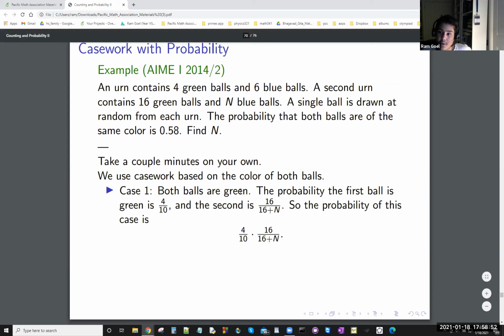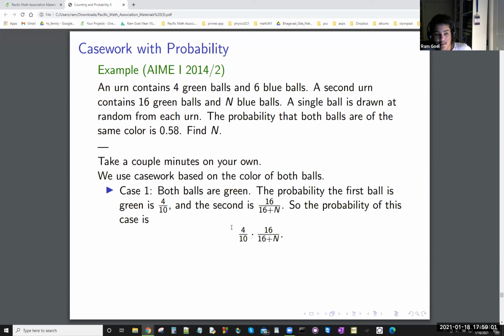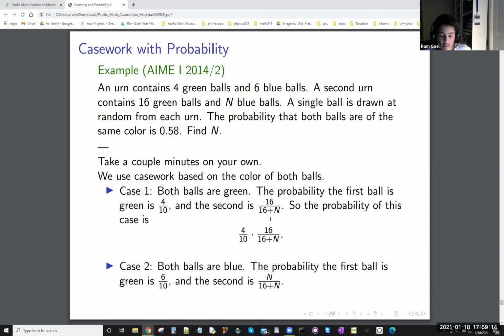That's the case we're in, which is that both balls are green. So we have to multiply the two probabilities to be sure that the entire pair that we drew are both green, because the probability the first one is green is 4 over 10, second is 16 over 16 plus n. You multiply those, and we add them up because those are the two cases.